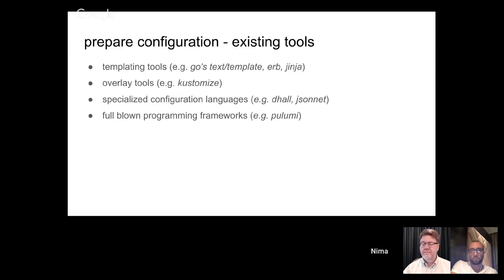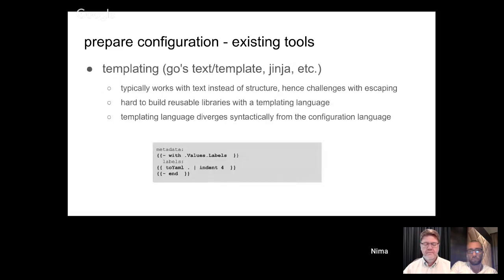Another is to use overlay tools like Kustomize, or there are specialized configuration languages like Dhall and Jsonnet that allow you to do this, or full-blown programming frameworks like Pulumi. So I'm going to go over each of these one by one and further motivate the need for having YTT.